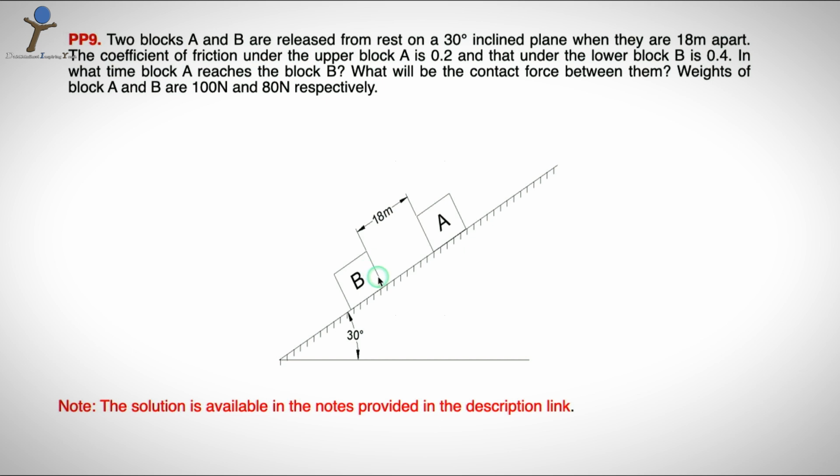The coefficient of friction under the upper block A is 0.2 and under the lower block B is 0.4. That means it is indicating that the materials of block A and block B are different. In what time does block A reach block B? What will be the contact force between them?